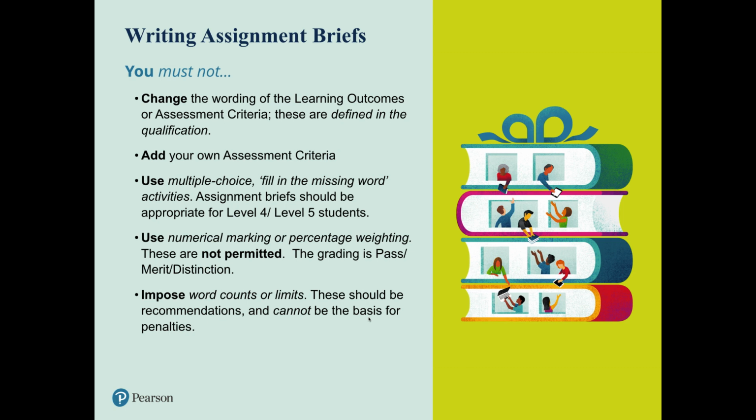If you're asking the students to engage in examinations or controlled assessments, make sure that you're using question types that are appropriate to the level. So we suggest that multiple choice, fill in the missing word types of activities are not appropriate. Do not use those. Remember that grading is pass, merit, and distinction.